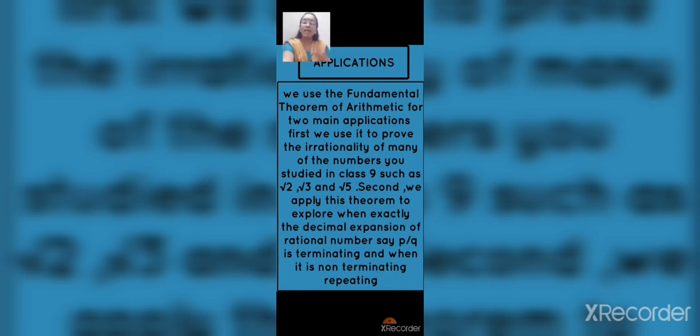Second, we apply this theorem to explore when exactly the decimal expansion of a rational number, say p by q, is terminating and when it is non-terminating repeating.